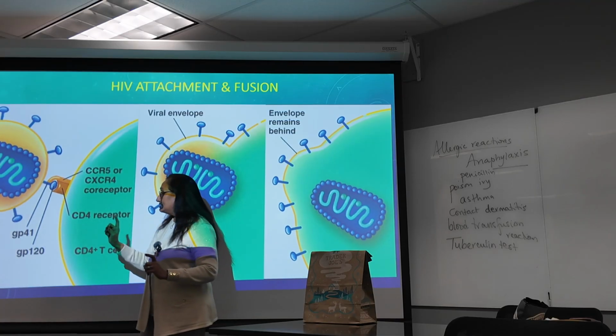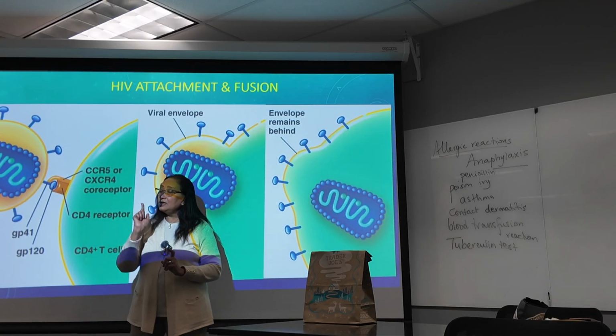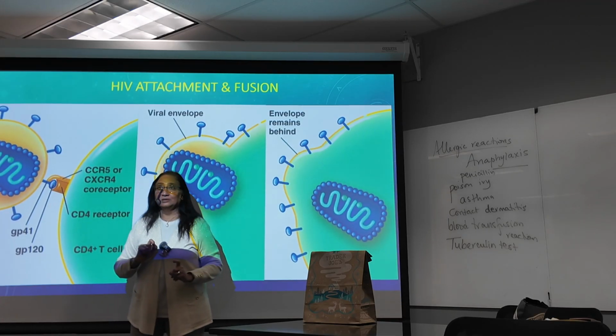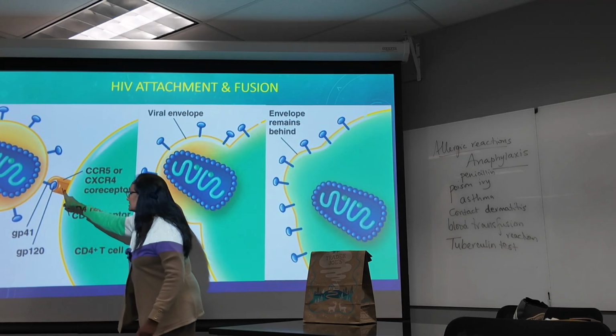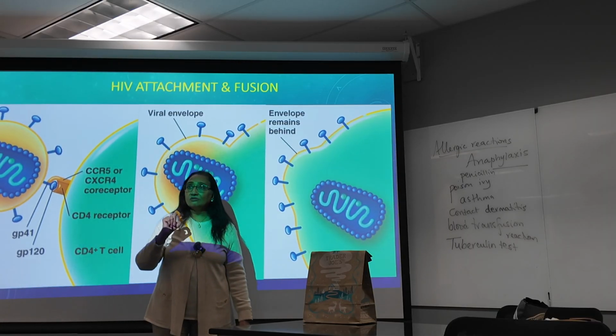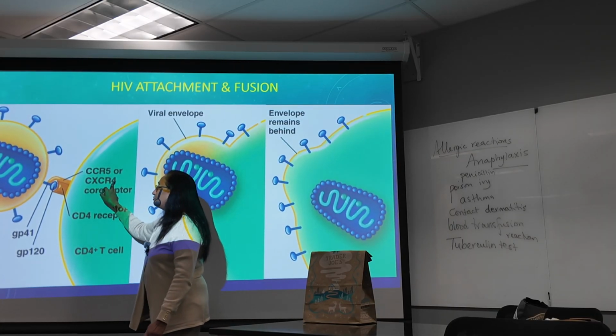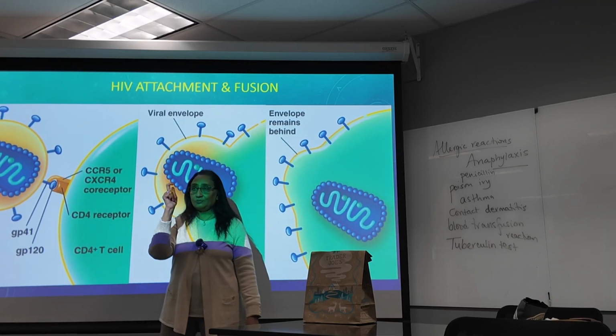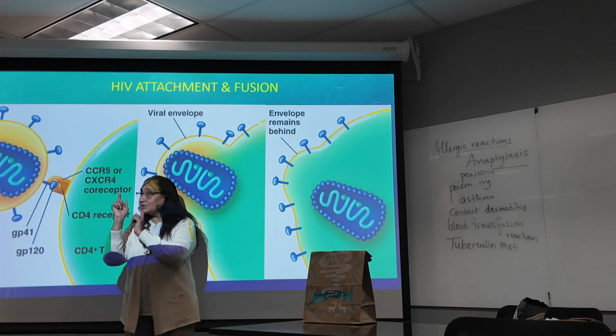And then the T helper cells have another co-receptor. So this is the main receptor, CD4, and this is called a co-receptor, CCR5 or CXCR4. Don't worry about the name, but it's a co-receptor. Now, this co-receptor is like a hook.